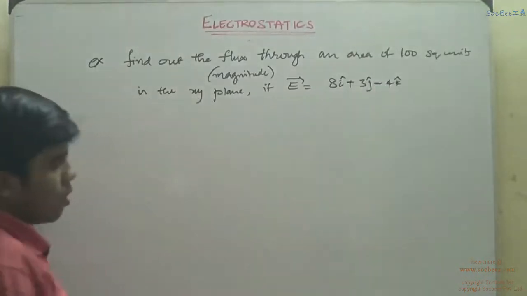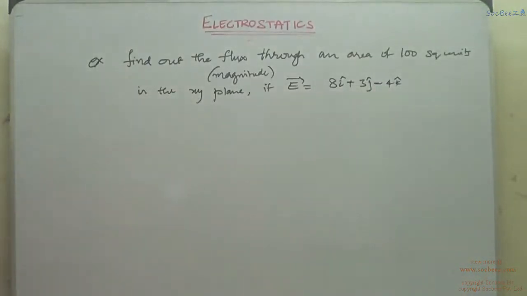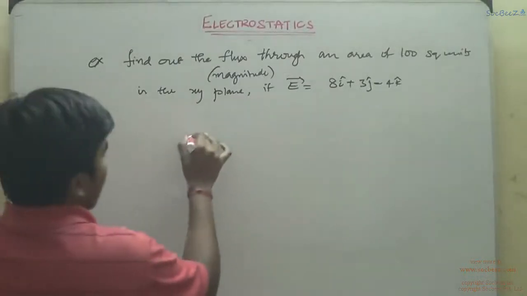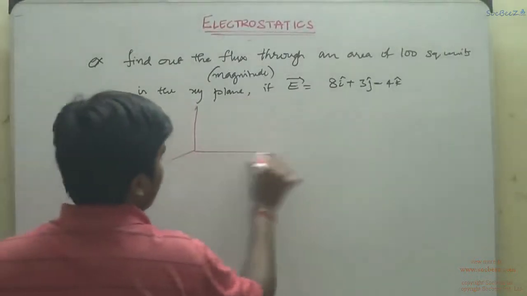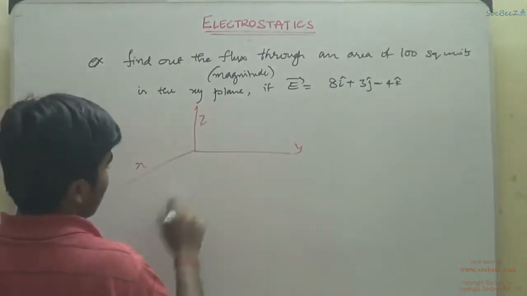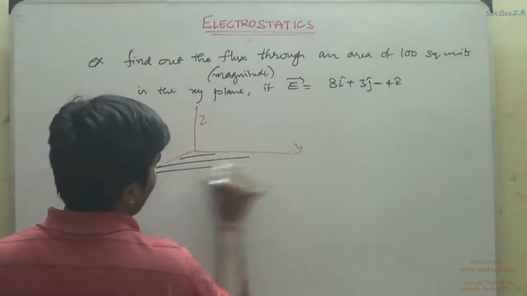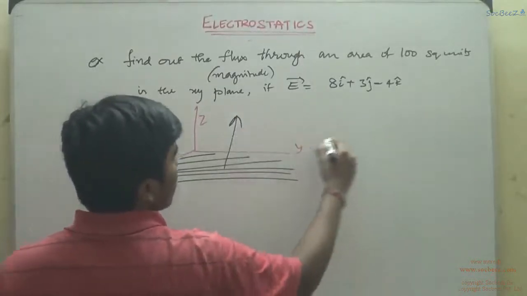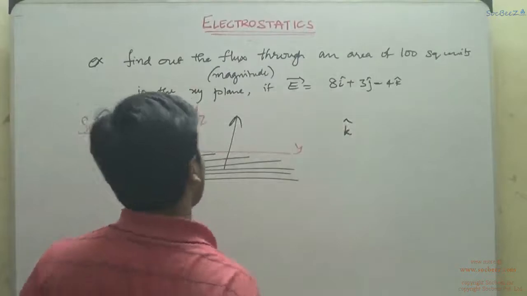Okay, so in this question what we have to do is, see, we know the XY plane, okay, this is X, this is Y, this is Z. Consider the XY plane. We know that the normal acting upwards is in the direction of K cap.